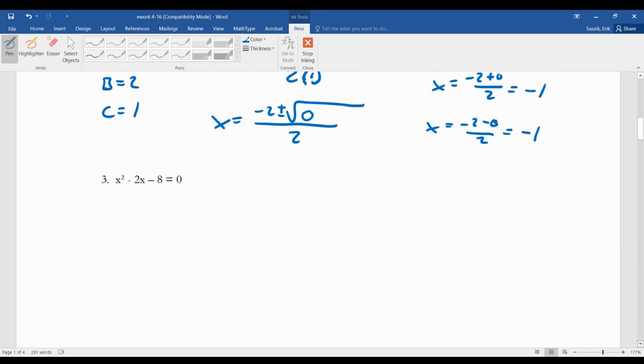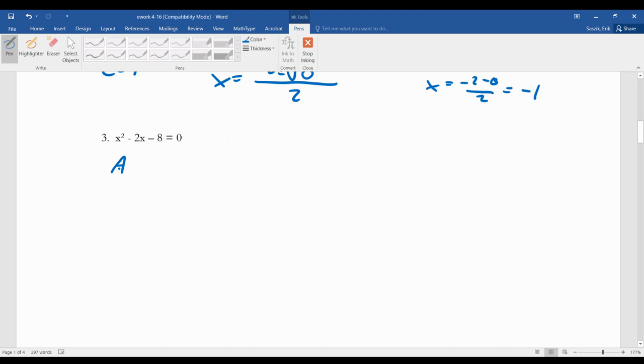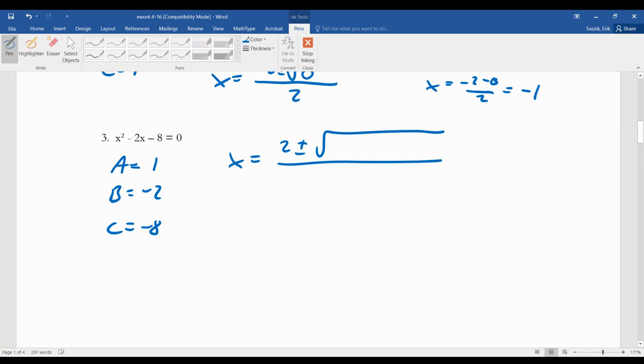And then this third problem, again, it's already set equal to 0, so we can write down our ABC. 1, -2, -8. x equals opposite b plus or minus square root b squared minus 4 times a times c all over 2 times a.